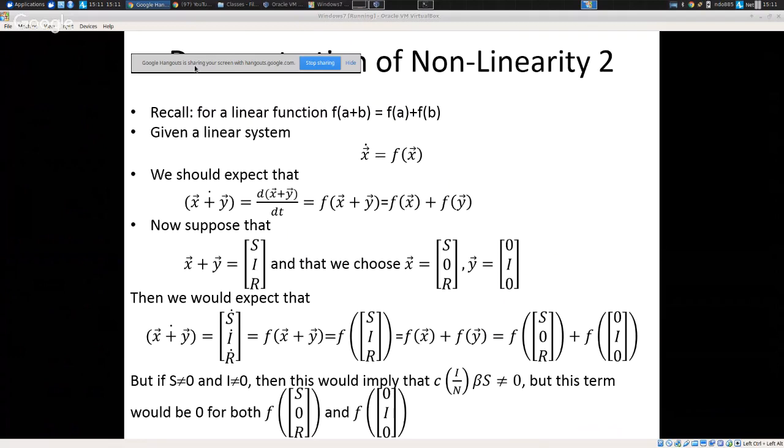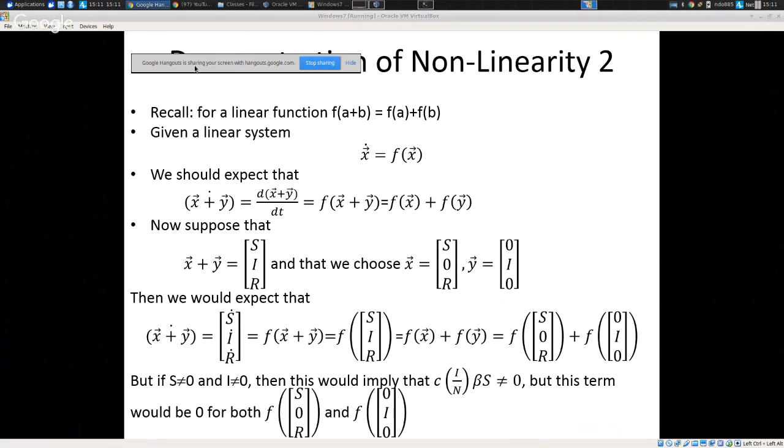So here, if we have a linear system, x dot equals f of x, then consider how the system responds to a superposition, a sum of two state vectors, x and y. The rate of change for x plus y should just be f applied to x plus y, which should equal f of x plus f of y if this is linear.